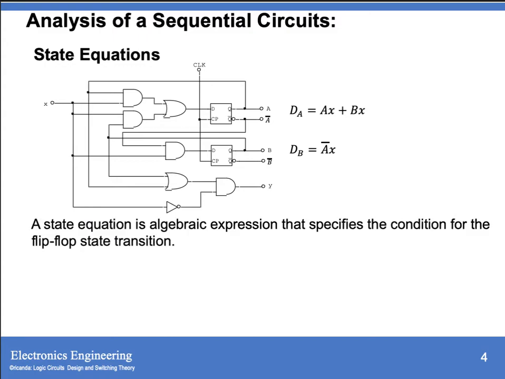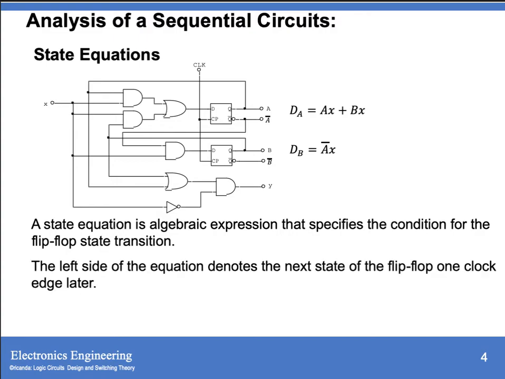A state equation is an algebraic expression that specifies the condition for the flip-flop or latch's state transition. The left side of the equation denotes the next state of the flip-flop one clock edge later.